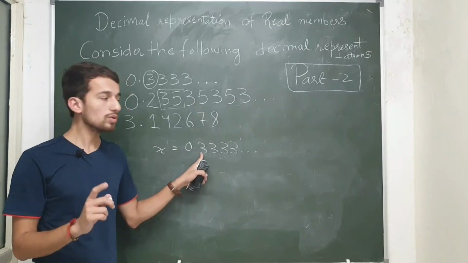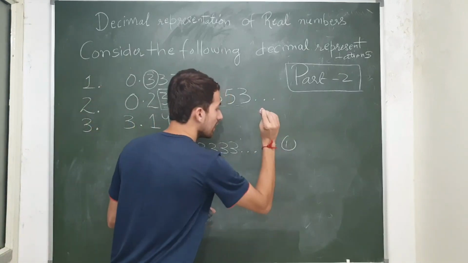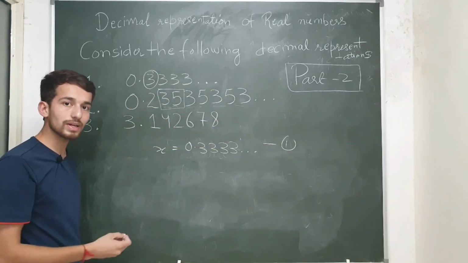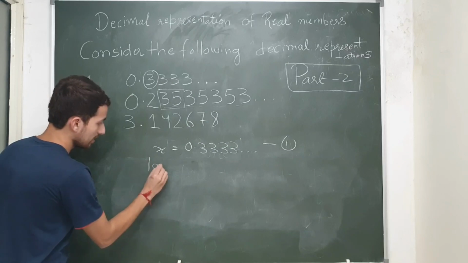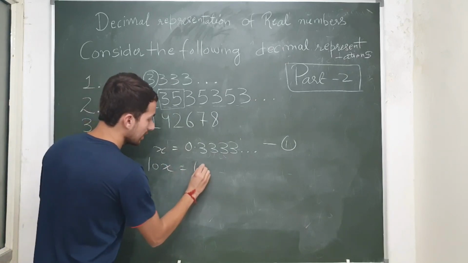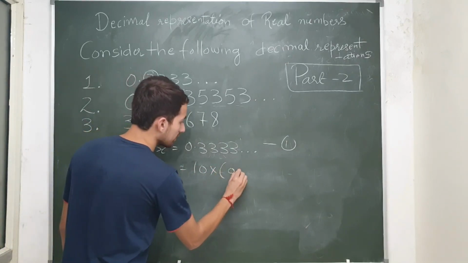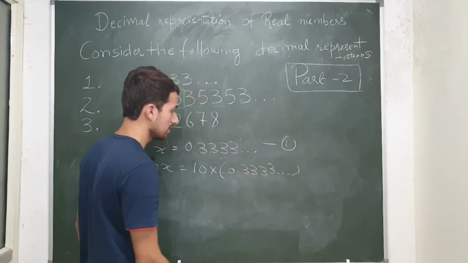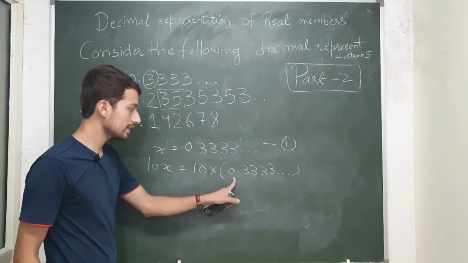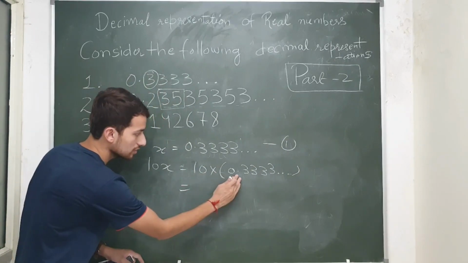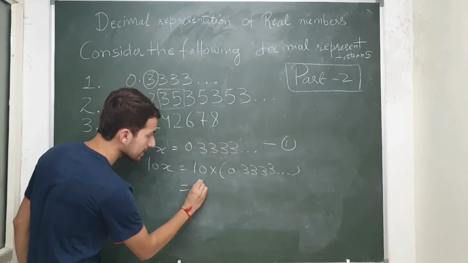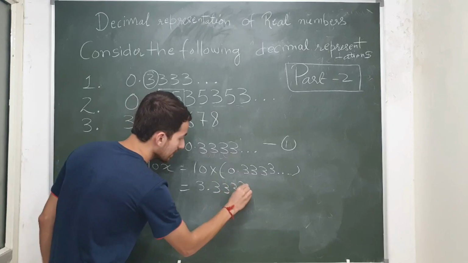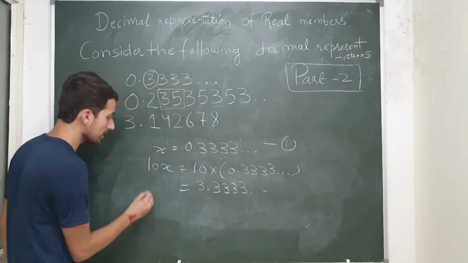So if I call this equation 1, I have to multiply this equation by 10. After multiplication we get 10x, and since we multiply by 10, the decimal shifts one place to the right and you get 3.3333, and this will continue.